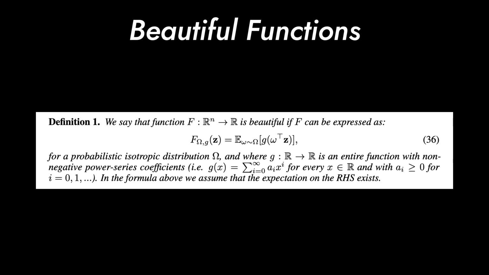Notice that it is a general statement; we use the exponential function as g, and the expectation on the right-hand side exists, as we discussed when talking about the approximation of the SM function. Why they call it beautiful, I have no clue, but it's mathematical beauty in the context of our purpose, the approximation of the softmax kernel.